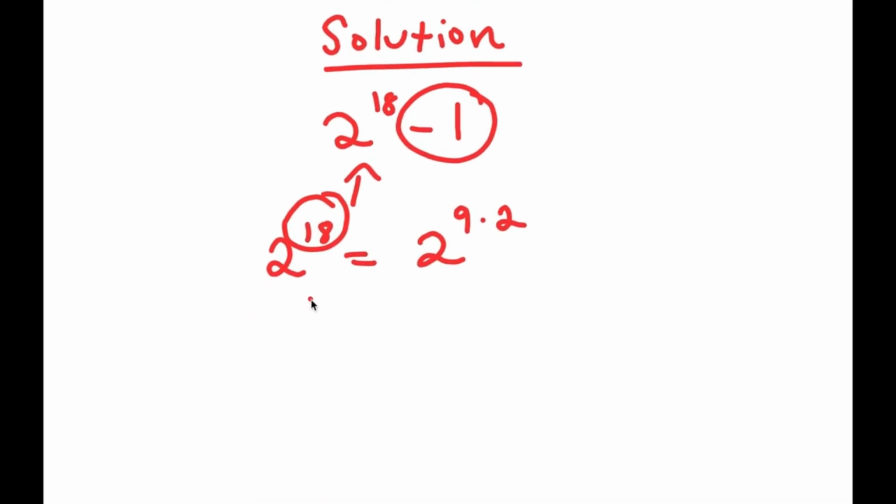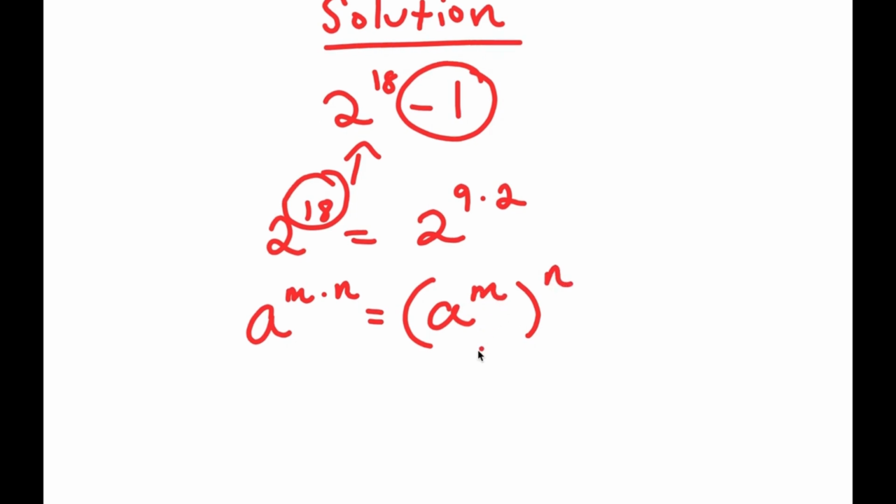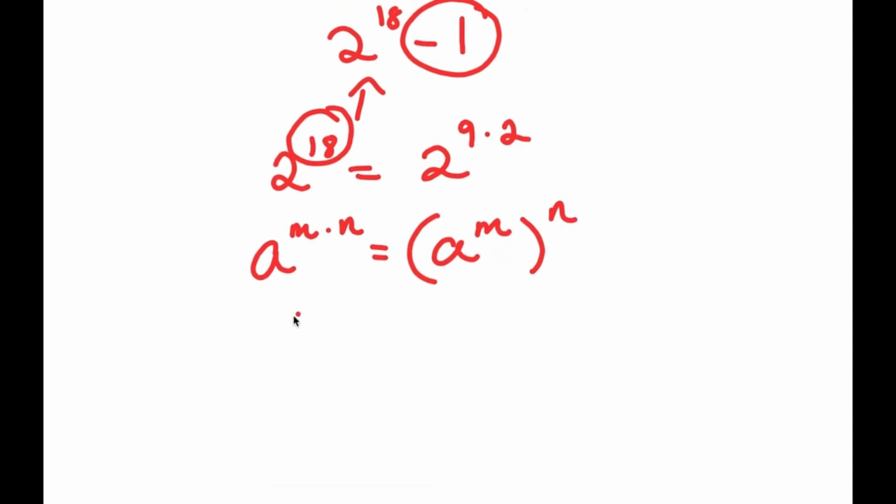And now an important property of exponents is that if I have something in the form a to the power of m times n, this is equal to a to the power of m to the power of n. So in this case, I have 2 to the power of 9 times 2, and I can rewrite that as 2 to the power of 9 to the power of 2.